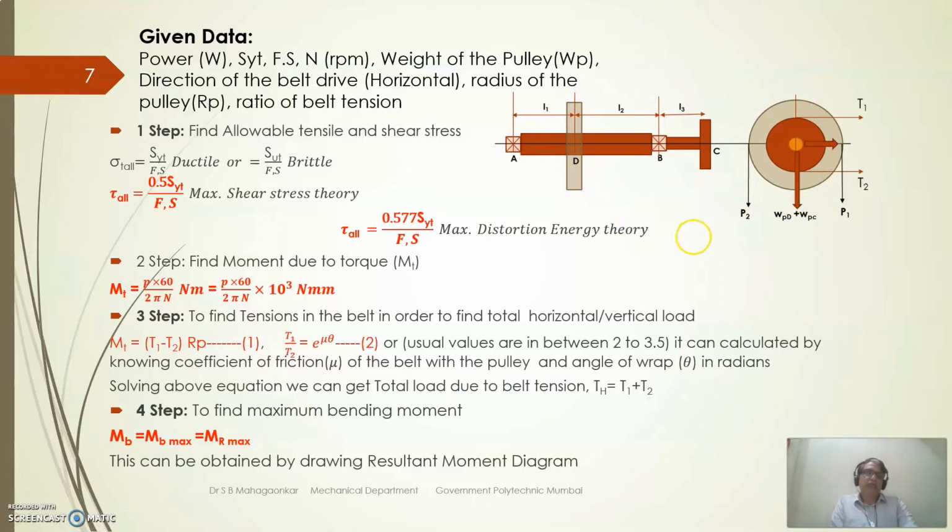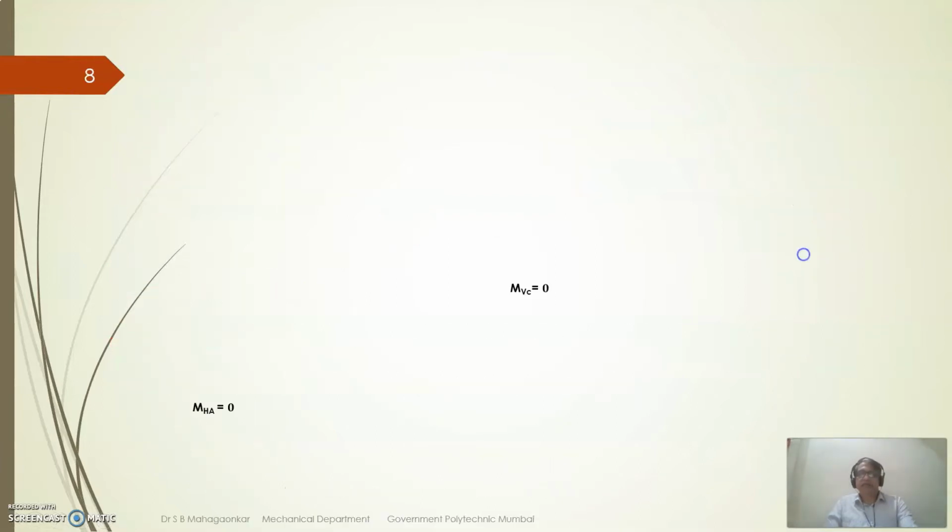And if you know P1 upon P2, then again I can calculate P1 and P2. And once you calculate P1 and P2, PV, the vertical load, is nothing but P1 plus P2, so that is the vertical load PV I can calculate.